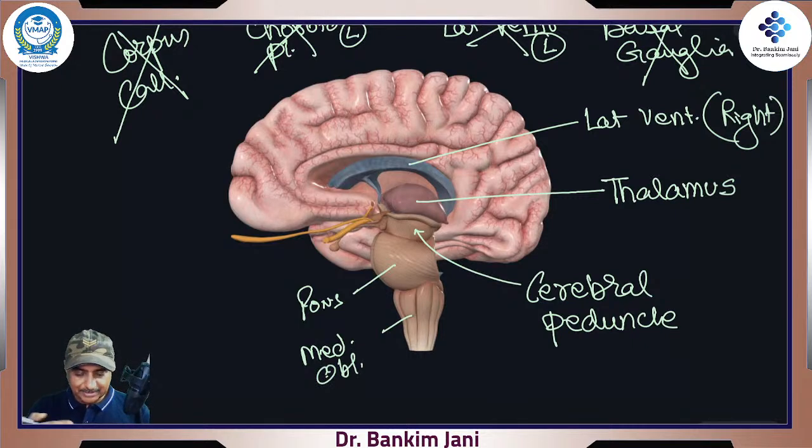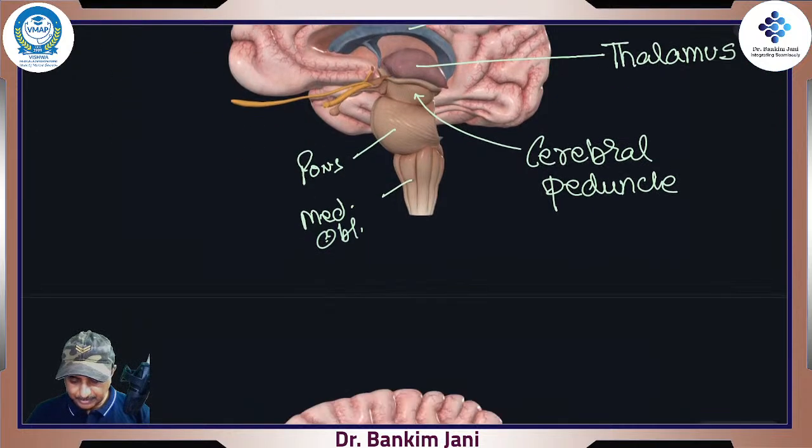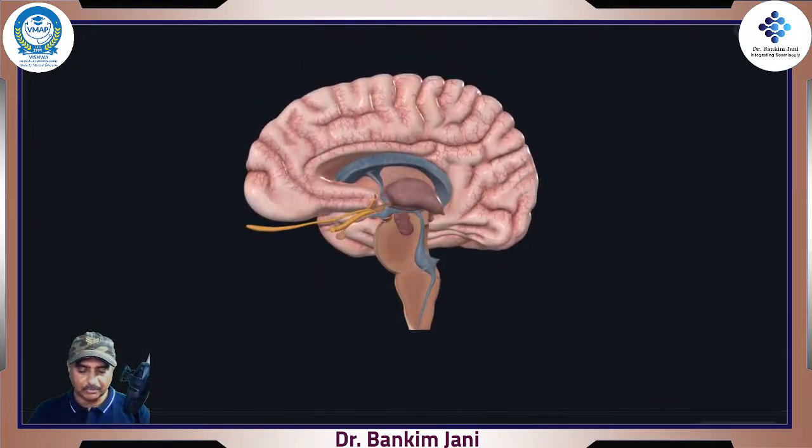So let's remove all these structures, midbrain, pons, medulla oblongata, even let's take a section of that also. So we remove that, and now is the picture that is needed. Here the pons is removed, and the medulla oblongata has also been sliced.